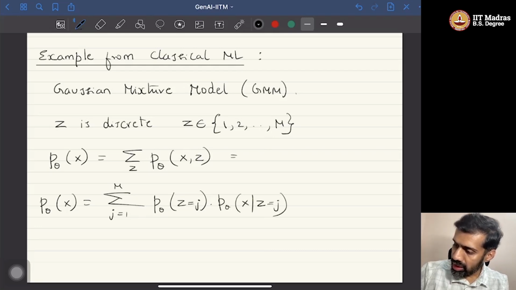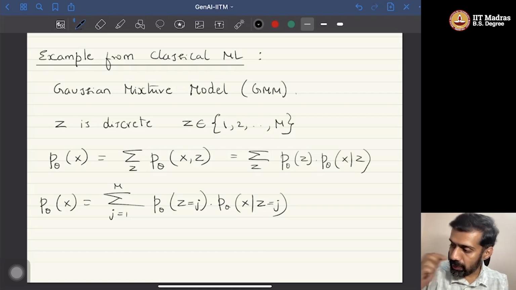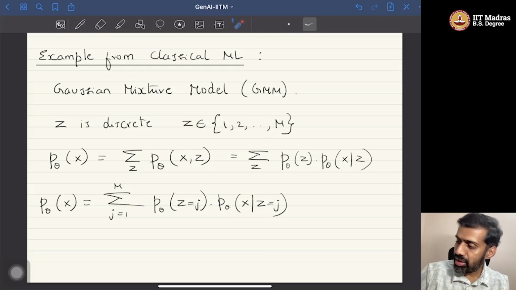We can write the joint distribution between two random variables in terms of the marginal times the conditional distribution. This is the definition. I've used it here to write a mixture model this way.